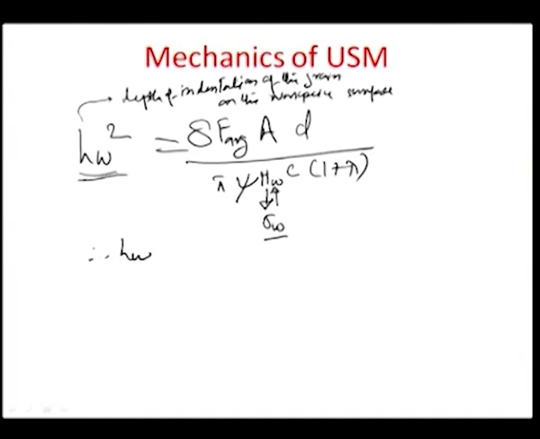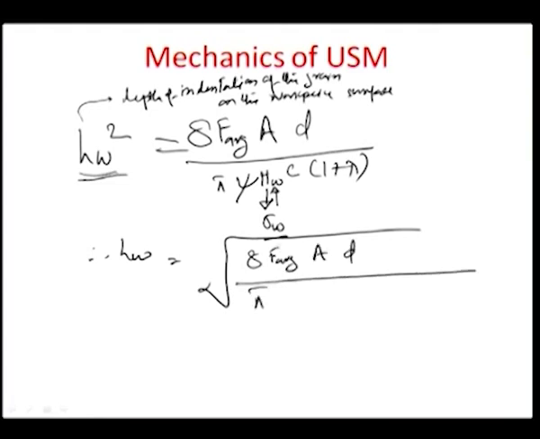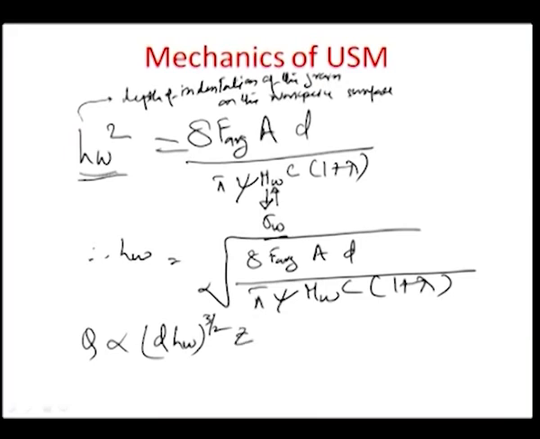Therefore, hw becomes equal to the square root of 8 F average A d divided by pi xi HW C (1 plus lambda). If we substitute this value of hw in the equation for Q, you remember Q earlier was determined to be proportional to d hw to the power of 3 by 2 times the value of Z times the frequency nu.